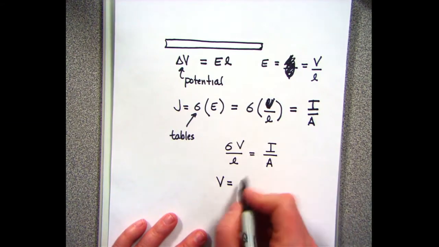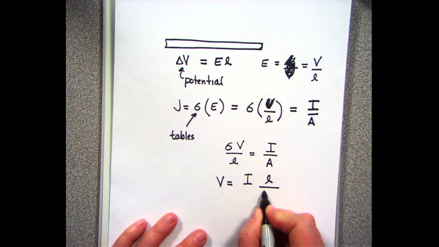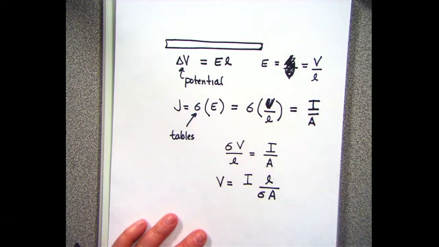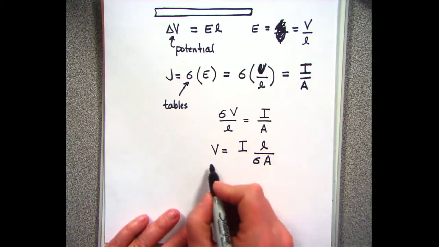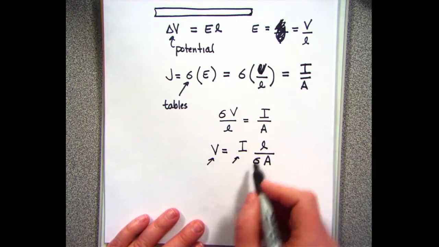Turns out we can measure current, but this right here, that's going to depend on the length of the wire and the type of material that I have. So this is the type of material, and this is the configuration of the material. How long is it, and what area is it?